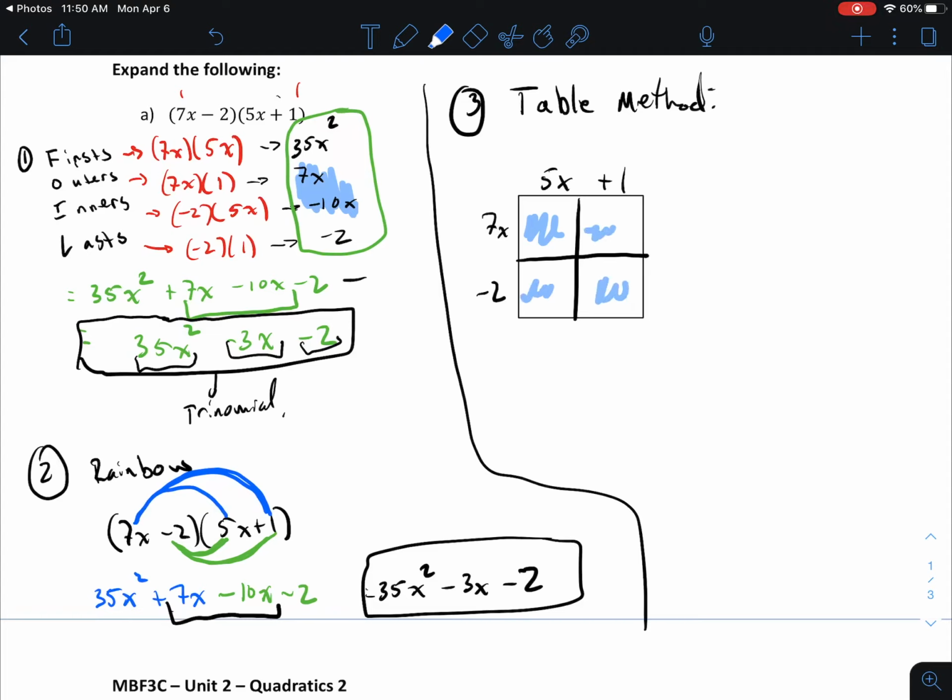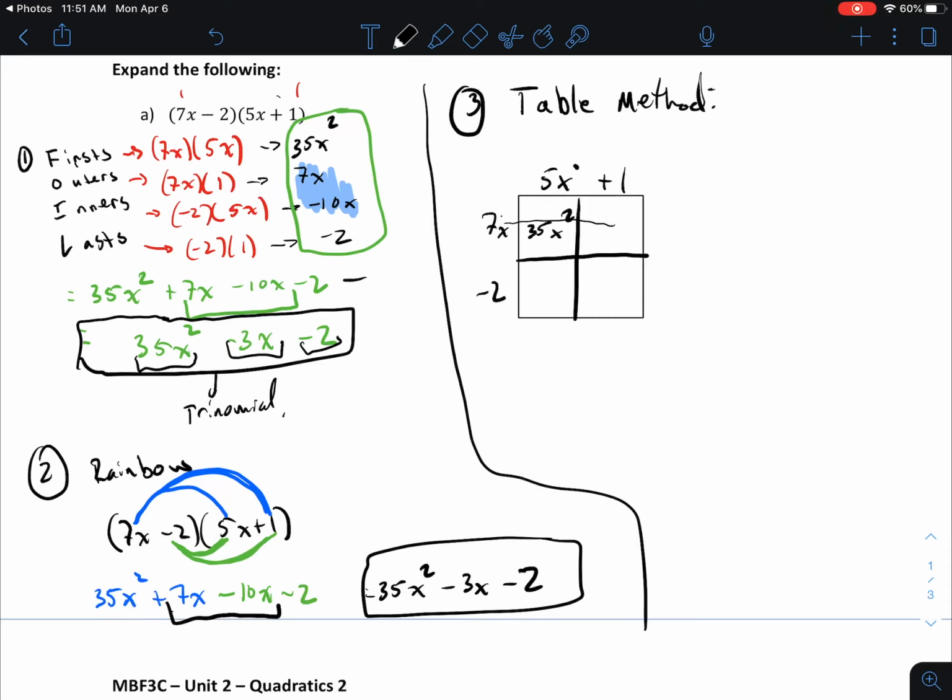The way we fill in these boxes is to multiply what the cross sections are. So in this box I see that I'm going to have 7x multiplied by 5x, and the answer to that is 35x squared. Then I just keep going. I fill in the boxes with the cross sections, right?